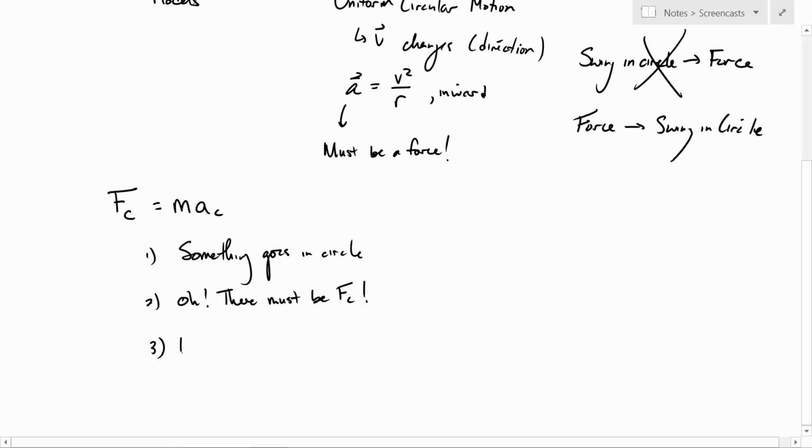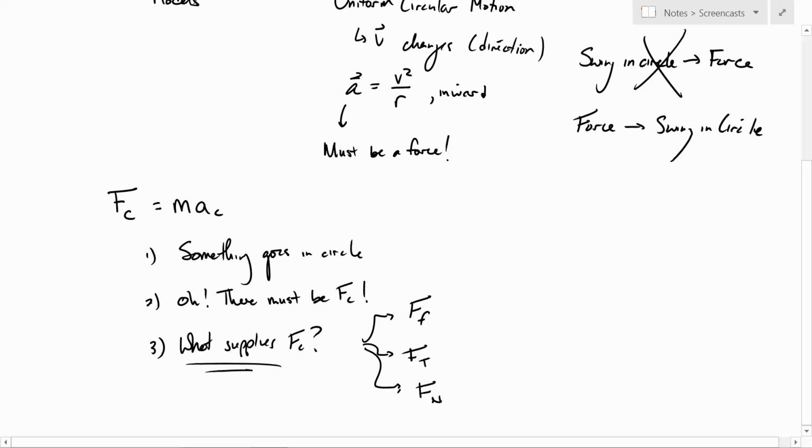This is the question: what supplies the centripetal force? This is the big question that underlies these circular motion problems. Likely candidates: friction is a big one when you have a car going around in a circle. Tension is a big one if you're swinging something around.